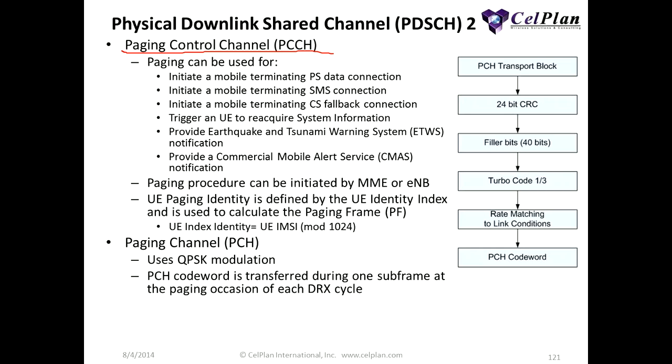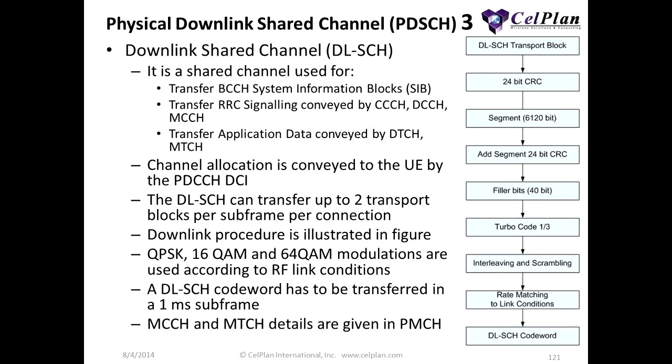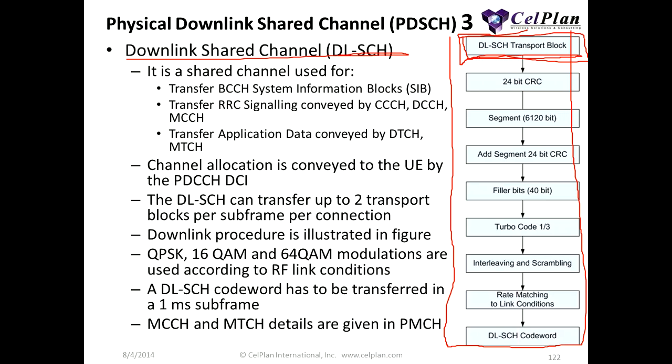Then we have the paging control channels. Basically, I will not go into details here. You have the slide. And we have the downlink shared channel, where we need to look to understand it. Because the data is in what we call a transport block, and we will speak much more about transport blocks going forward.